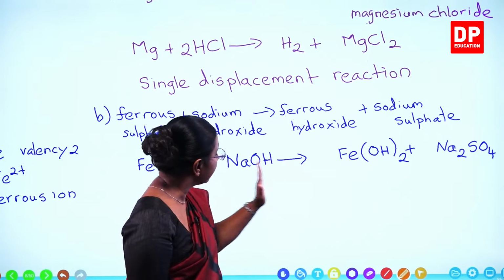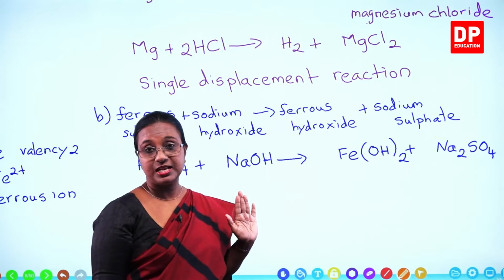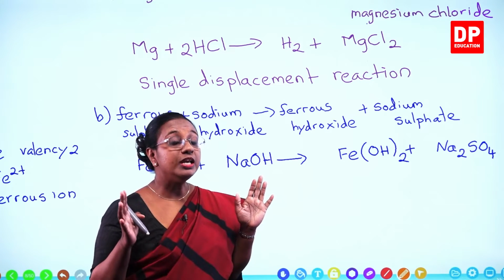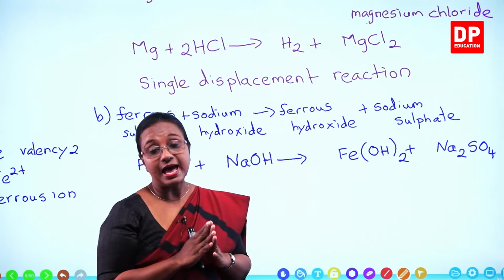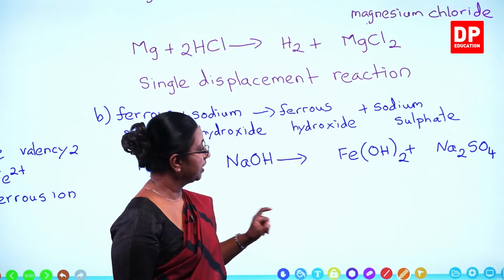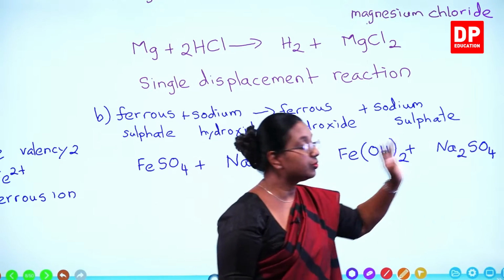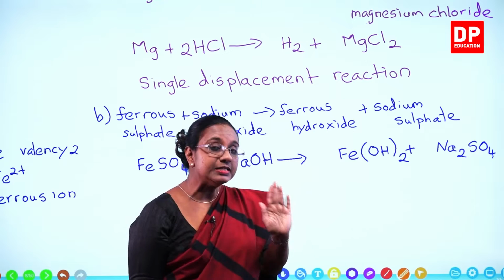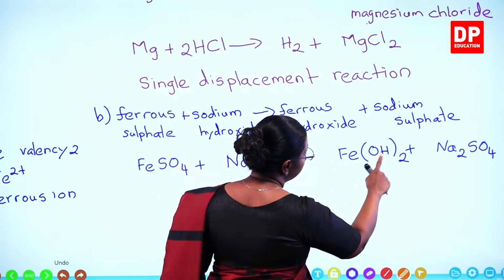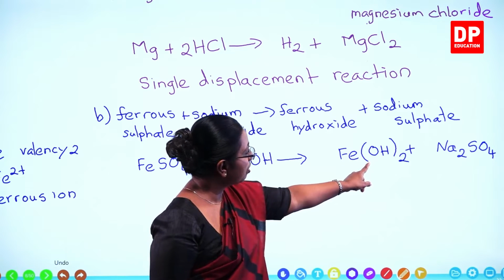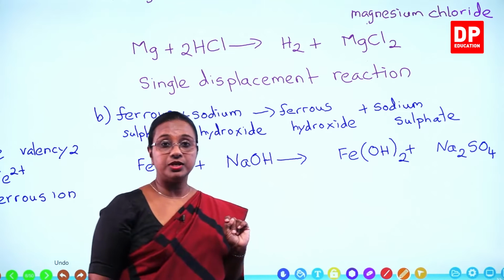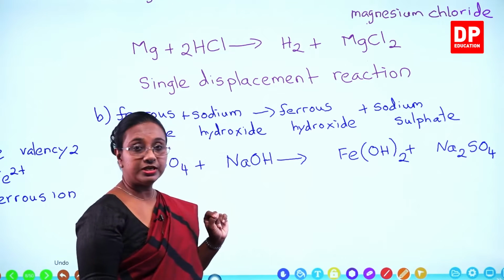But if you look at the total number of oxygen atoms, there is an oxygen here as well. So you need to consider all the atoms. So 4 here, 1 here. But here already we have those 4 oxygen atoms. We can just leave that aside. So here you can see students, Fe(OH)2. So 2 oxygens, 2 hydrogens. The same way, if you look at sodium, now there's only 1 sodium here.